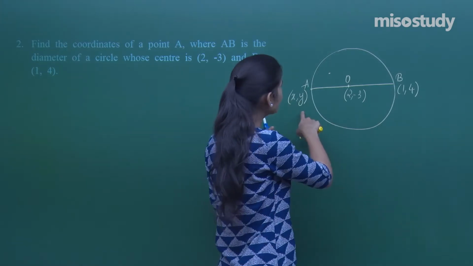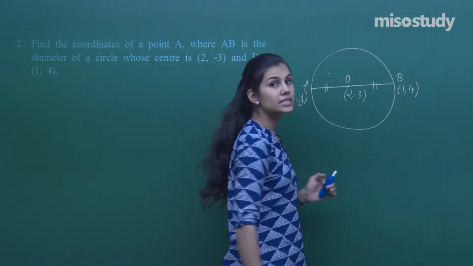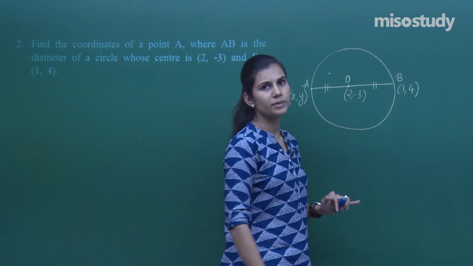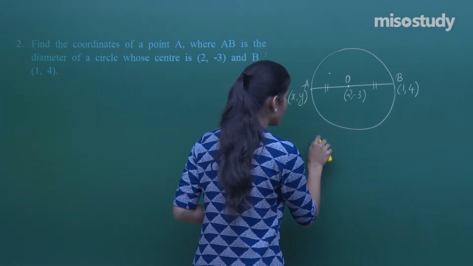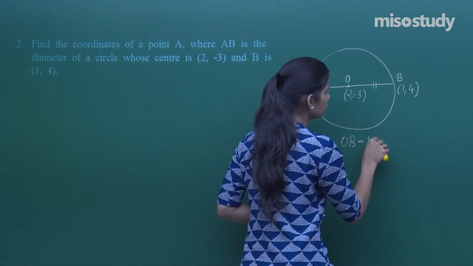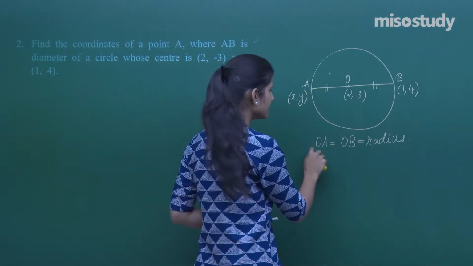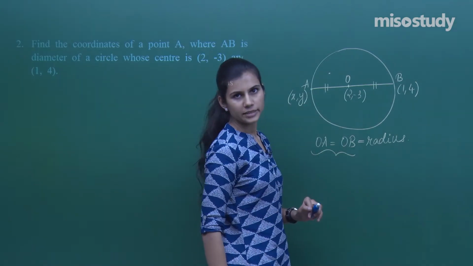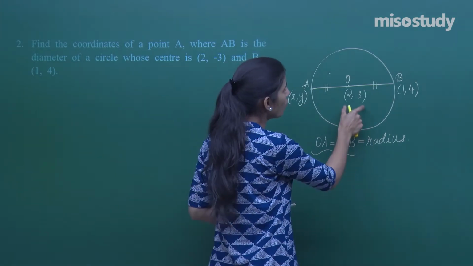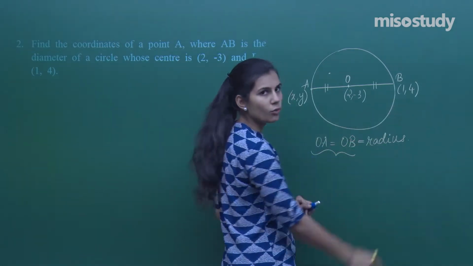So the distance of point A from the center will be equal to the distance of point B from the center, because this is a circle and both these distances will be equal to the radius. So I will have OA equal to OB equal to the radius. Whatever is the distance between A and O, the same is the distance between O and B.